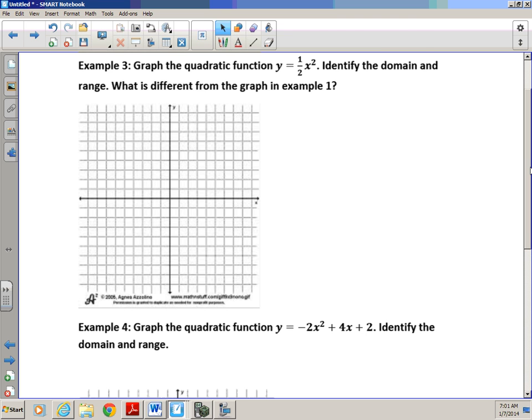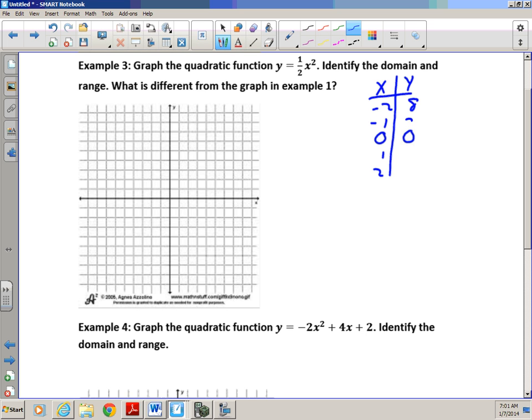Now I want to do y equals 1/2 x squared. All right? I'm not going to go through all of the work, but you should understand that the vertex is at 0. Again, I'm getting all these values from my calculator. And I'm going to plot the points.